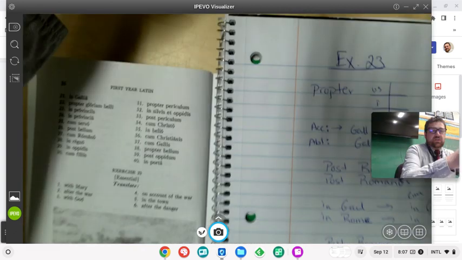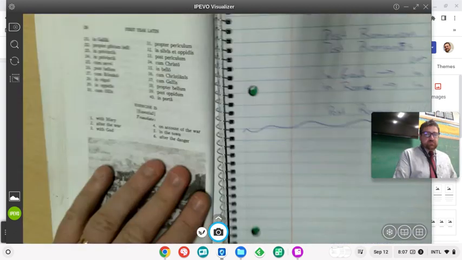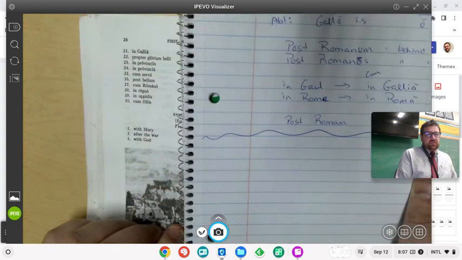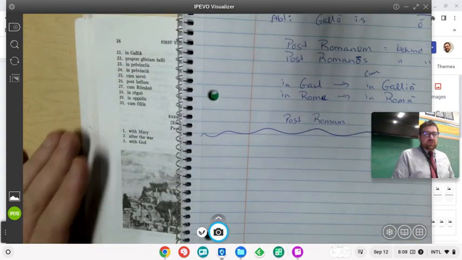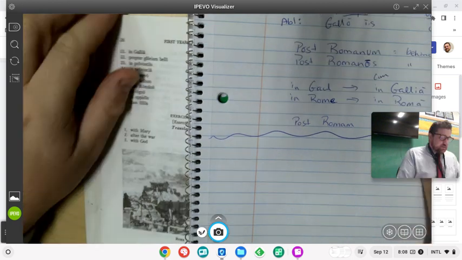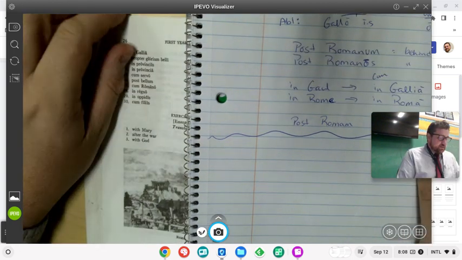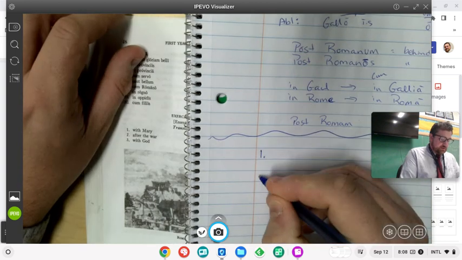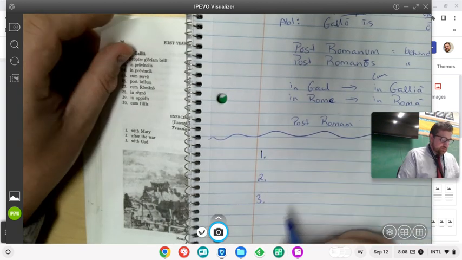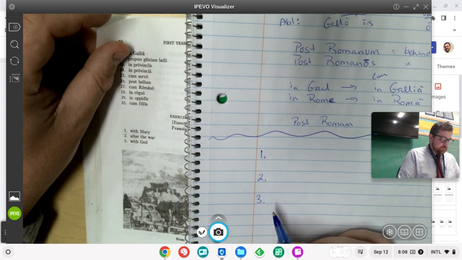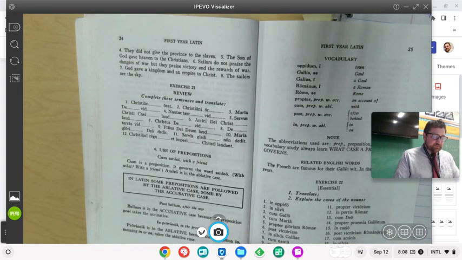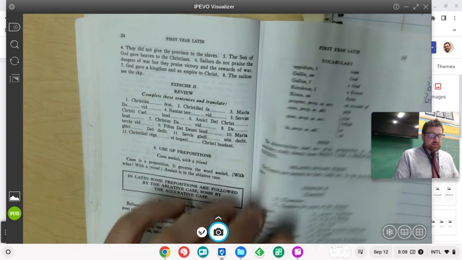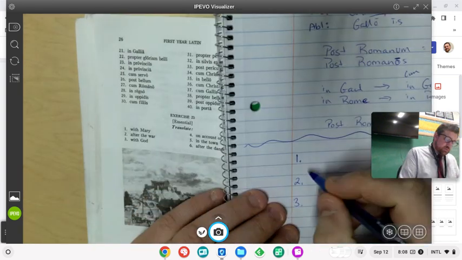So we're going to do with Mary, after the war, and with God. So 1 and 3 both have with. With is cum, and it takes the ablative. So I'm going to write cum on 1 and 3.